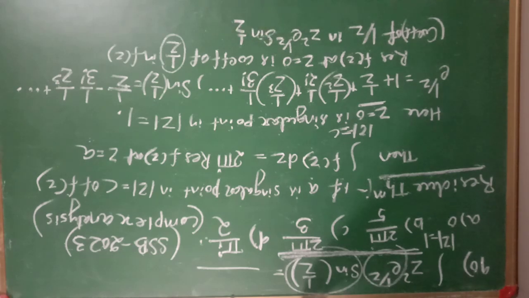How can we find it? We find the coefficient of 1 by z cube from the multiplication of e to the power 1 by z and sin 1 by z. Then when we multiply with z square, we get the coefficient of 1 by z.